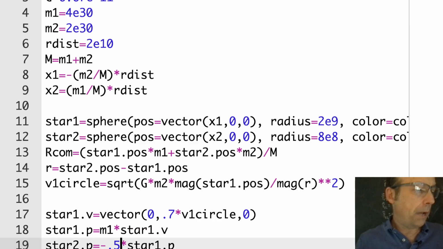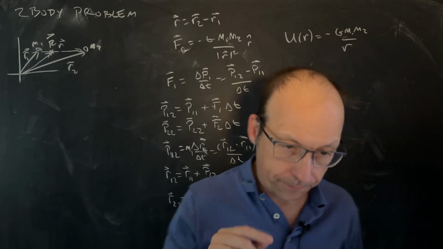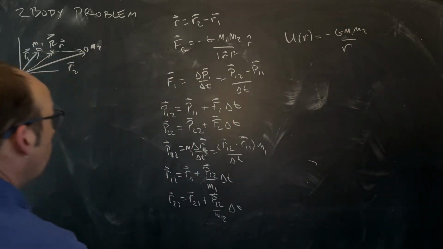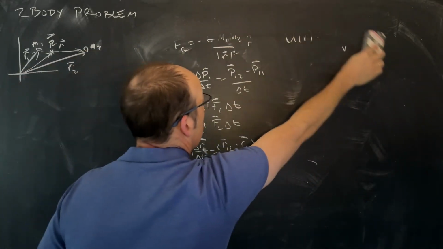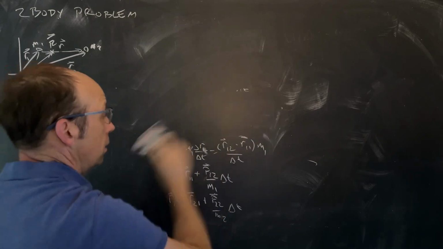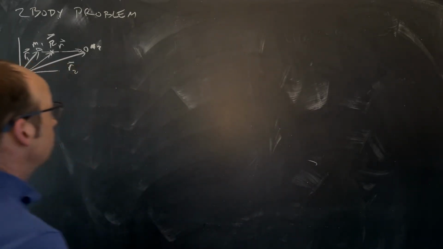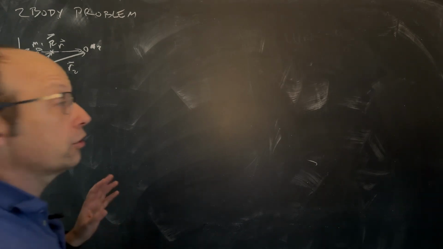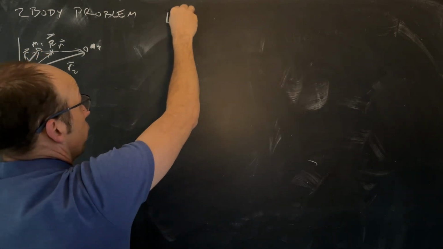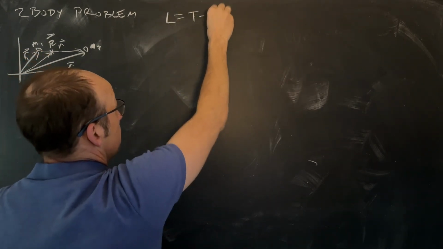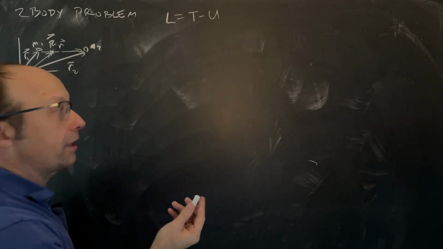So let's go back to the board and think about how we would represent this as a system using the Lagrange equation. Euler-Lagrange said the Lagrangian is T minus U. So we want to think about the kinetic energy.